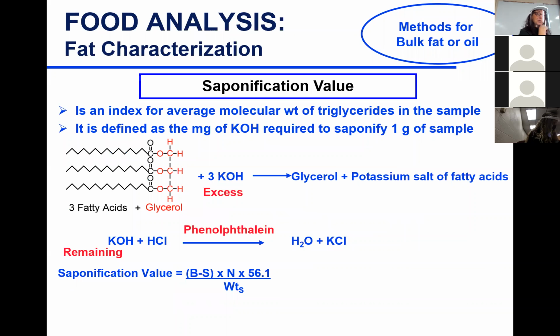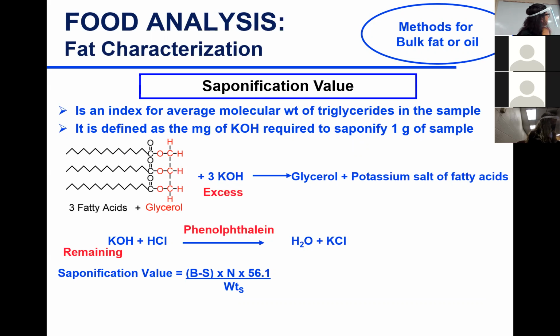All right, saponification value is another test that you will be doing in the lab. And again, it's another authentication, identification type of testing. There are values for different oils that you can find in a table in your textbook in chapter 23. For different types of oils, there are different saponification values or ranges of saponification values.